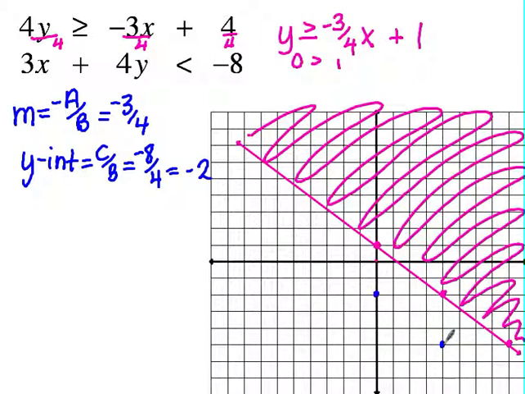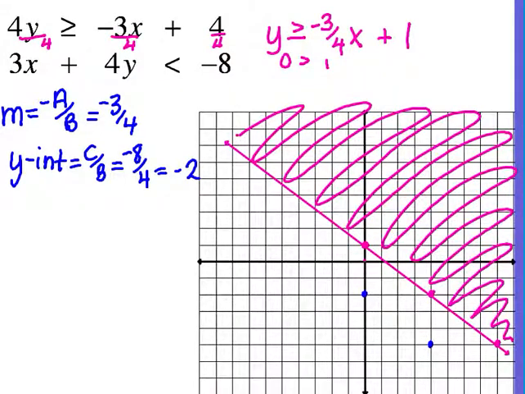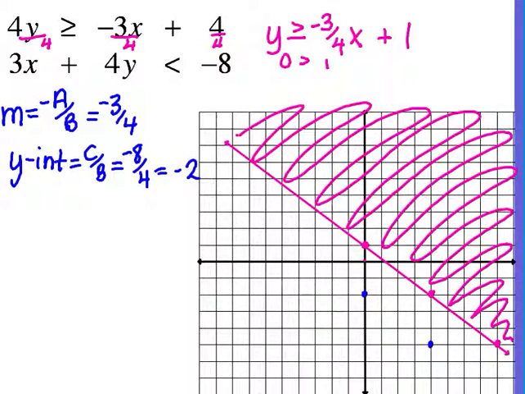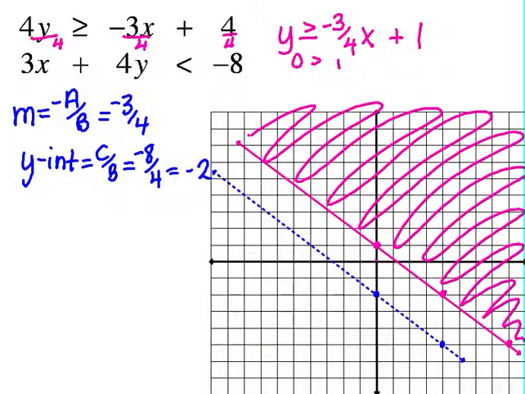What do you know about this line and the pink line? They're parallel. Am I going to use a solid or a dashed? Dashed. Now I have to figure out what side to shade. So once again, let's pick 0, 0.